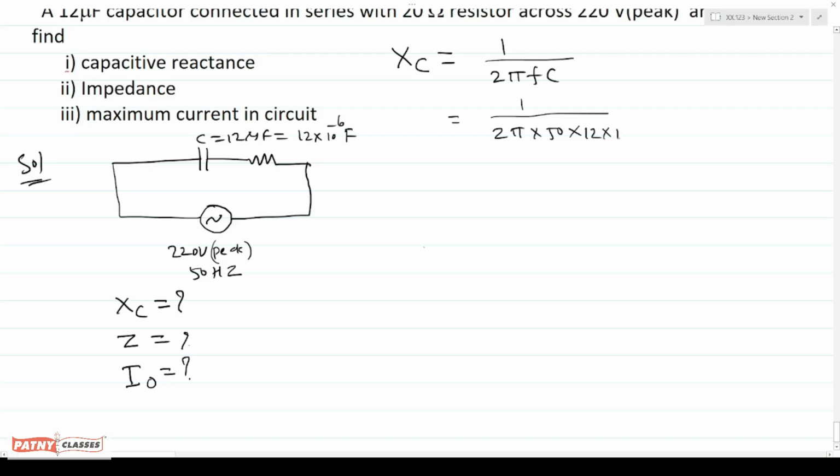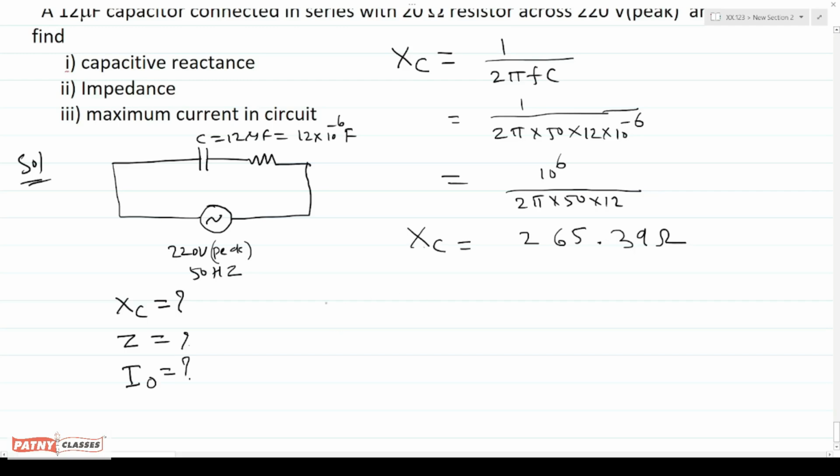So that is equals to 10 raised to 6 upon 2 pi into 50 into 12. On simplification, it gives 265.39 ohms. So we got XC value.